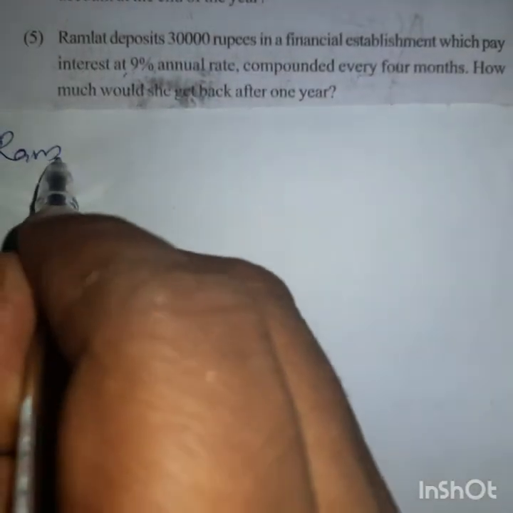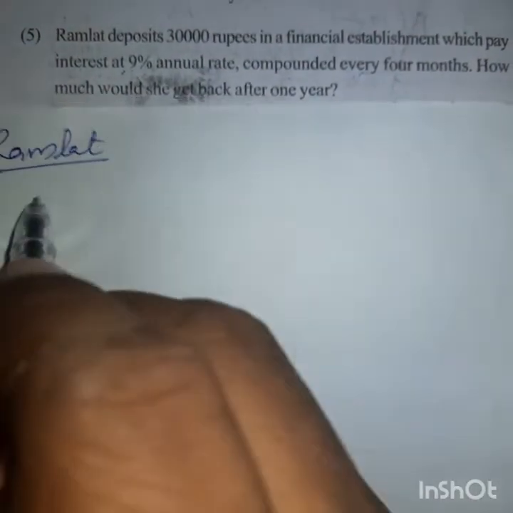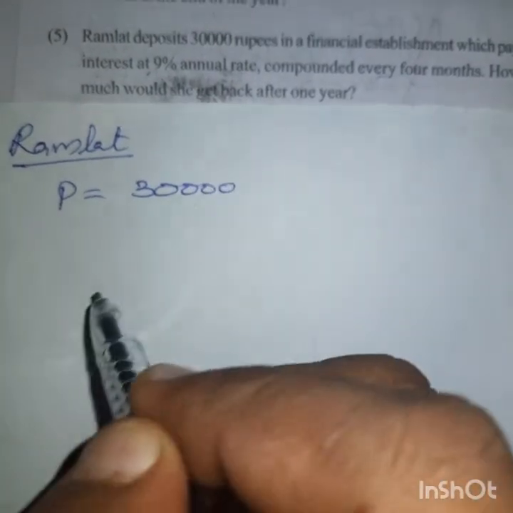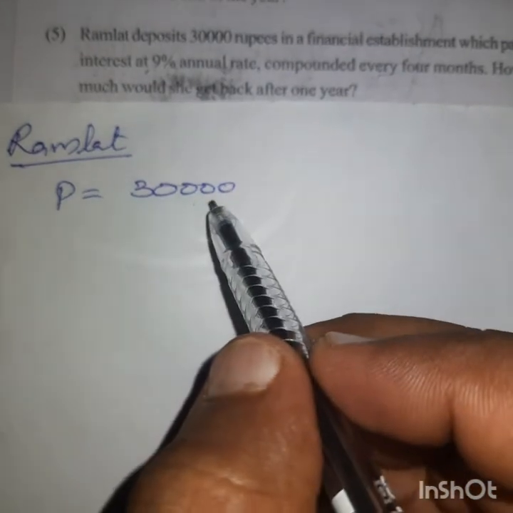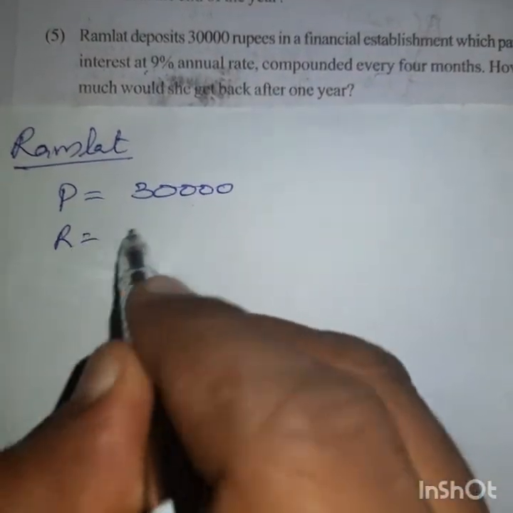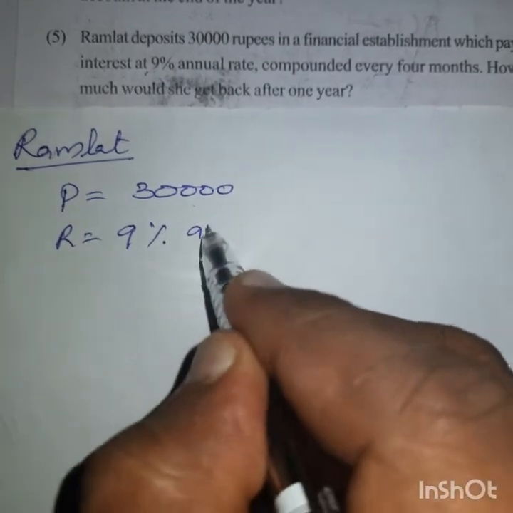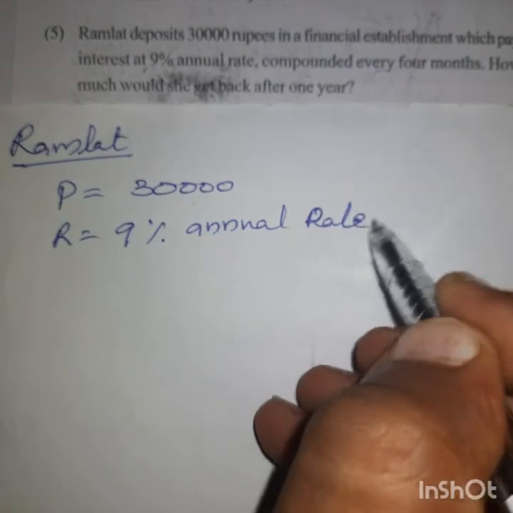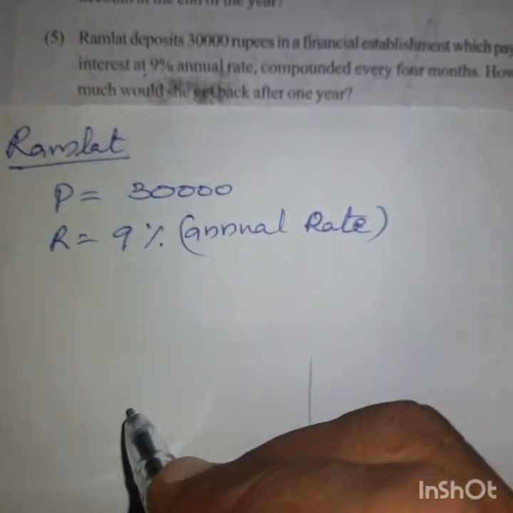So how much she deposited? 30,000 rupees. She deposited in a financial establishment which pays interest. Rate of interest is 9% annual rate.